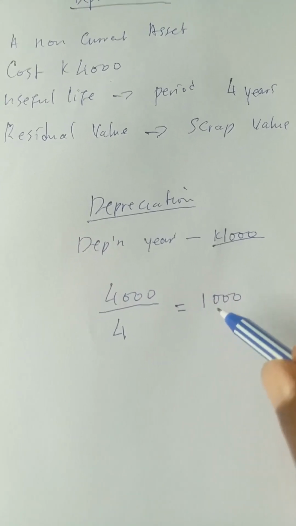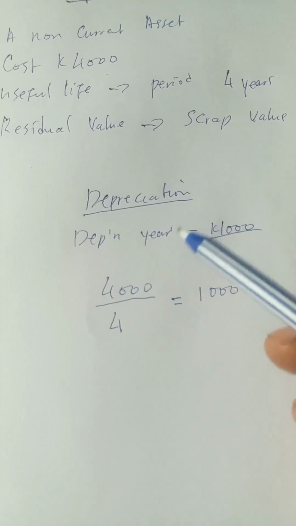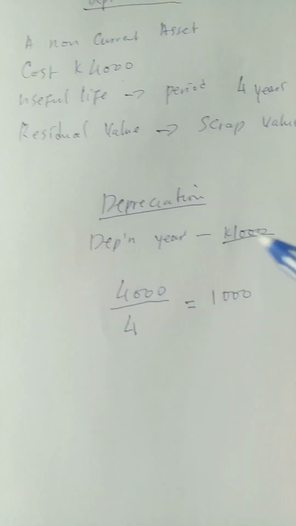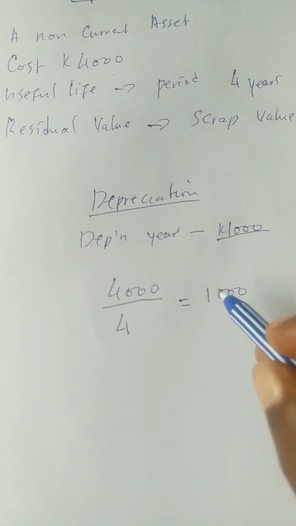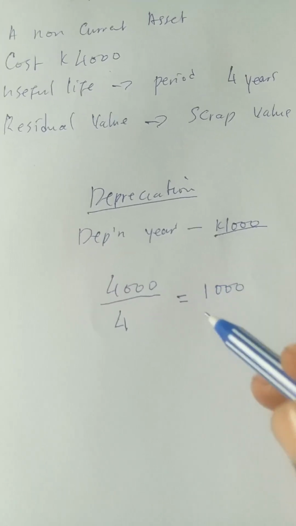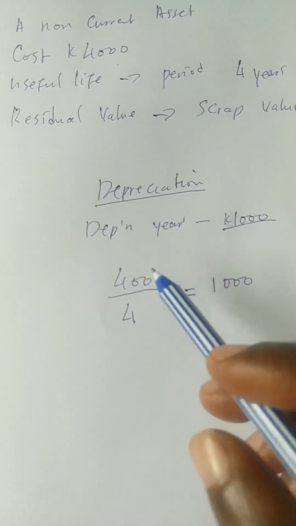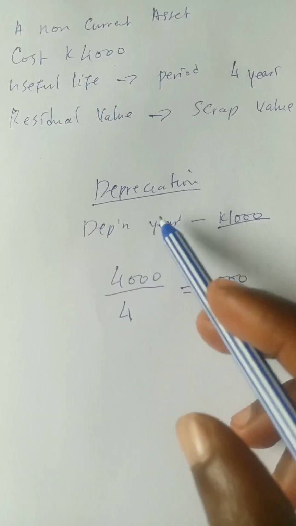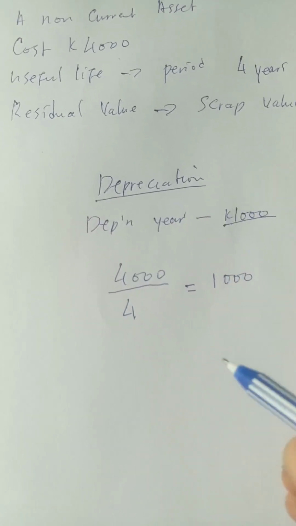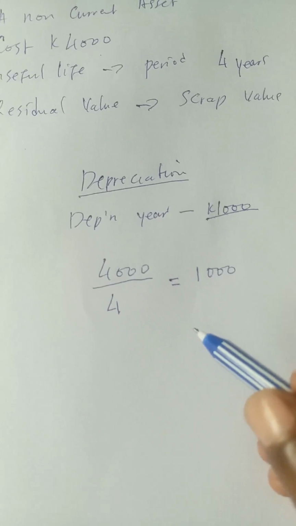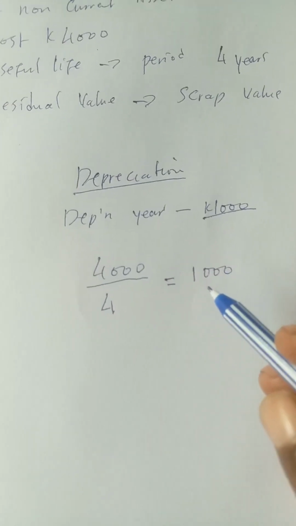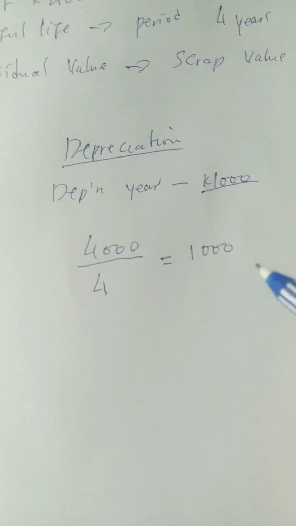So every year, this non-current asset, it can be a building, it can be a motor van, it will be declining in value by 1,000 kwacha. So by the end of 4 years, the whole cost of the non-current asset will diminish. It means the non-current asset won't have value in the books of accounts.